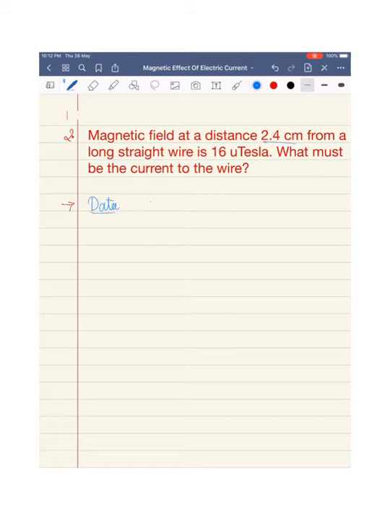Okay, so small r value is mentioned as 2.4 centimeter. Then it's mentioned that it's a long straight wire, so magnetic field is also mentioned, 16 micro Tesla. Micro means 10 raised to minus 6, 10 power minus 6 Tesla. So what must be the current to the wire? So basically what they are asking us is to find the current I.